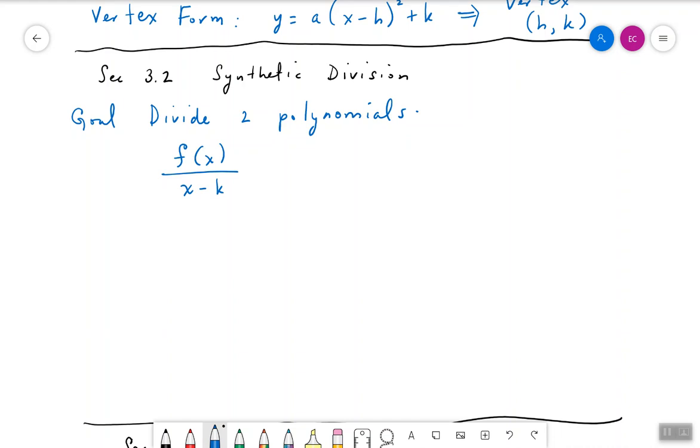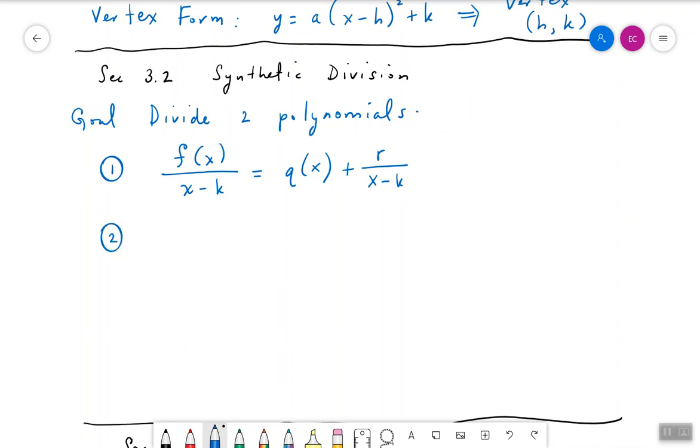The numerator, the f of x, could be degree 2 or 3 or 4 or whatever you like. And then we said that the result can be written as q of x, the quotient, plus the remainder divided by the divisor. So this was the first way to look at synthetic division.